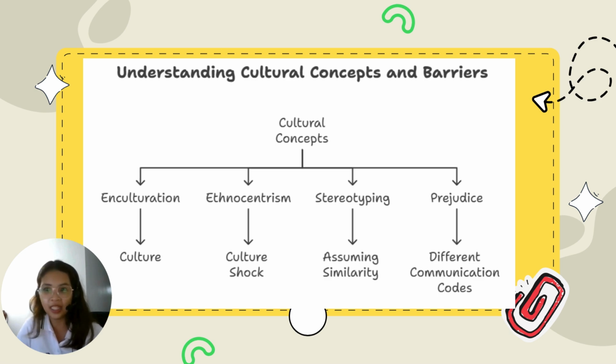So to end this, it is important to recognize cultural differences and avoid letting barriers like ethnocentrism or prejudice cloud our judgment. Okay? We need to approach every interaction with an open mind. And always remember that understanding these barriers will help you communicate with others in the wider environment.